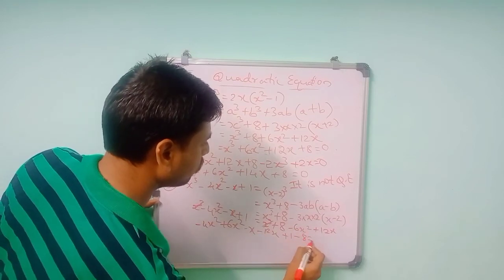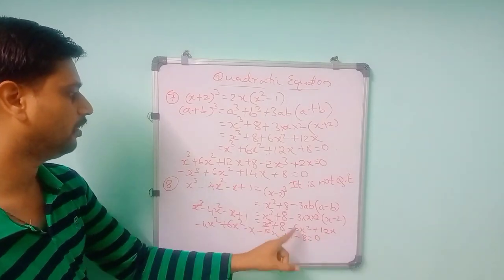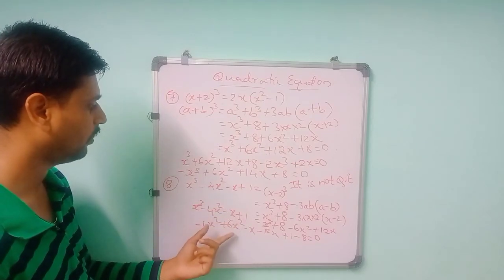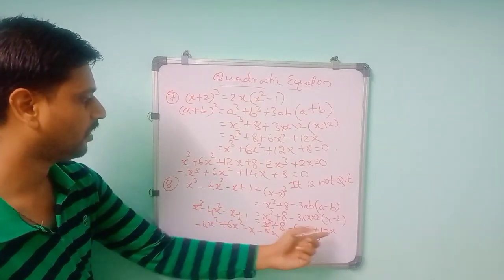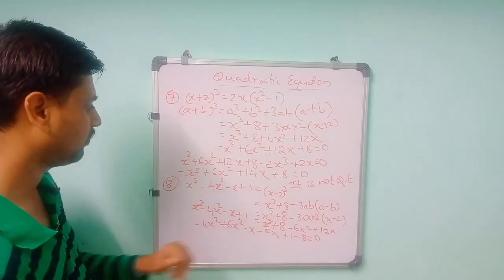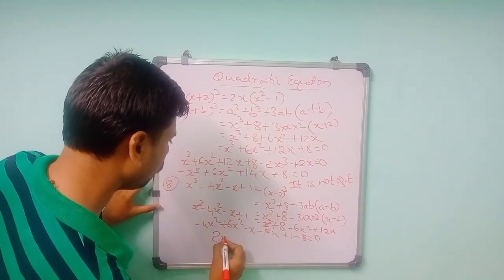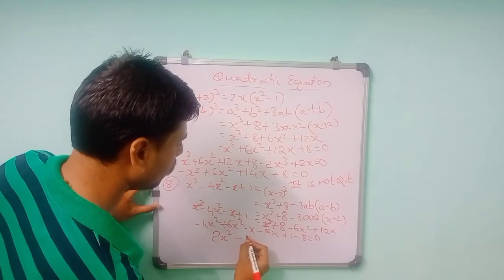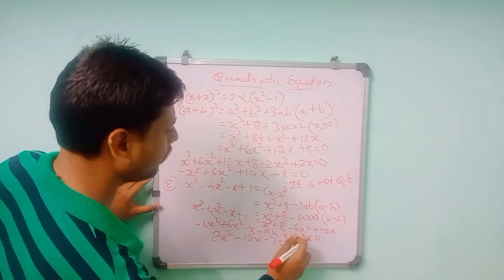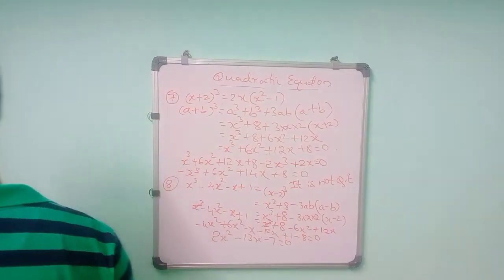So it will become 6 minus 4, 2x square, then minus x minus 12x is minus 13x, plus 1 minus 8 is minus 7. So 2x square minus 13x minus 7 is equal to 0.